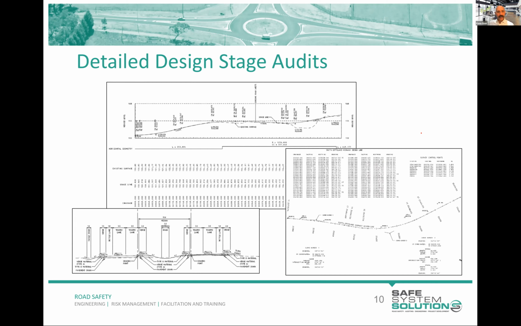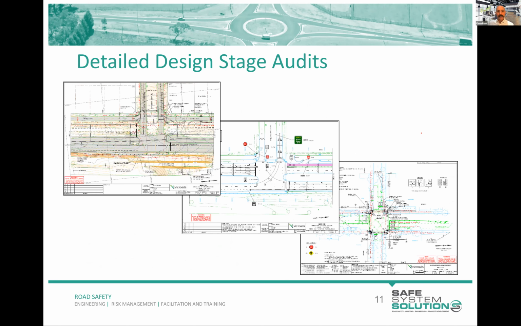You get all these long sections, cross sections, and alignment plans. You get the pavement design, the signage, line marking plan, the signal phasing, the signal plans, lighting plans if they're there. So it's a really comprehensive amount of documentation, and it really does take a lot of time to work through.